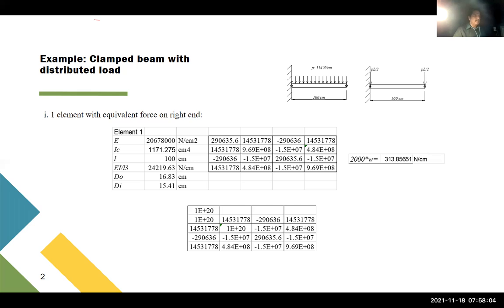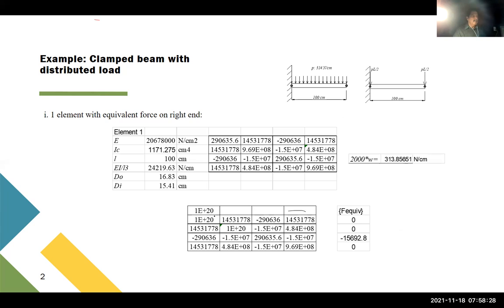So since we have no displacement, no rotation, what I do is I take this stiffness matrix and replace this value and that one by a very large value, in this case, 10 to the 20th. Okay, so these are the equivalent forces.